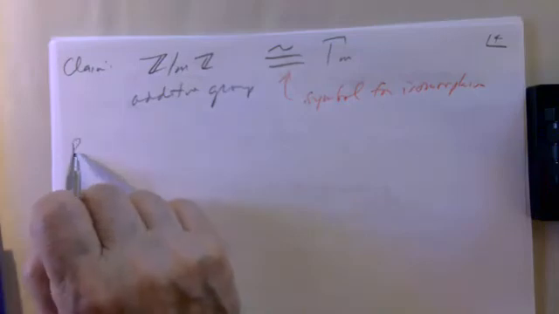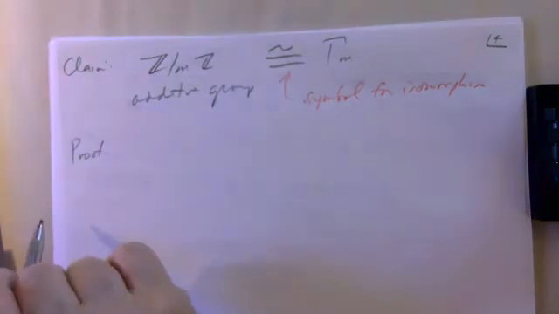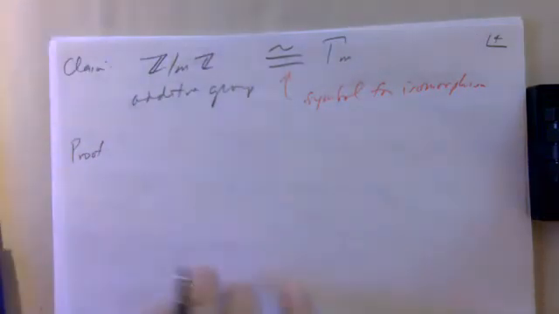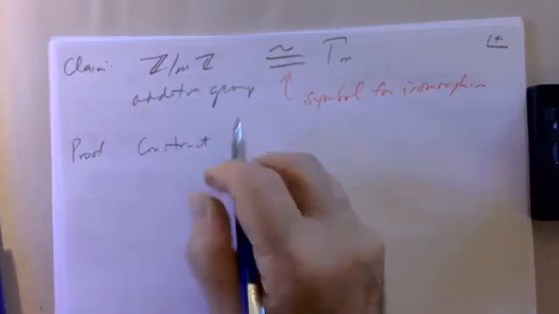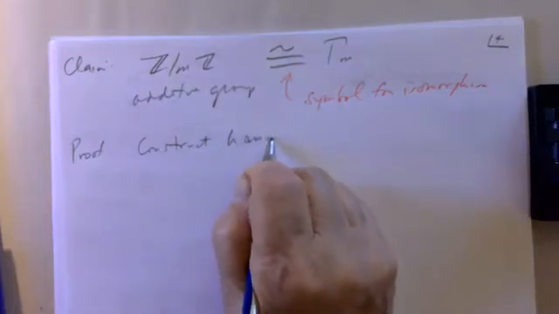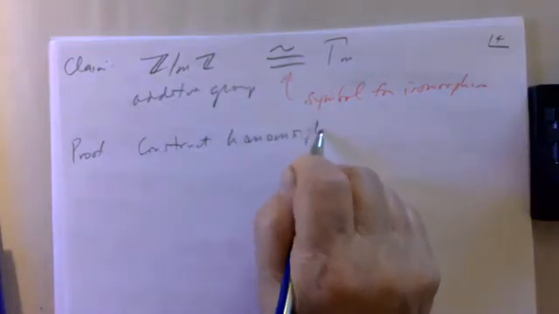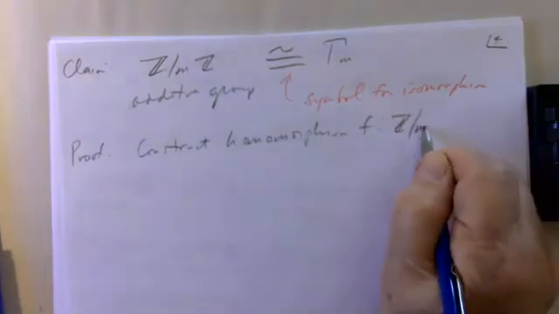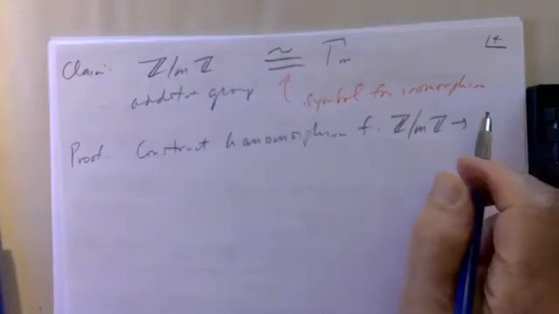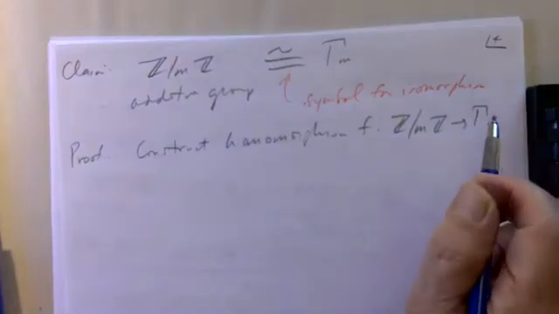Proof. Well, in order to show that two groups are isomorphic, I have to construct, first step, a homomorphism f from Z mod mZ to gamma m.